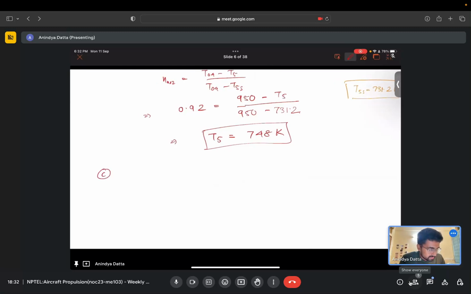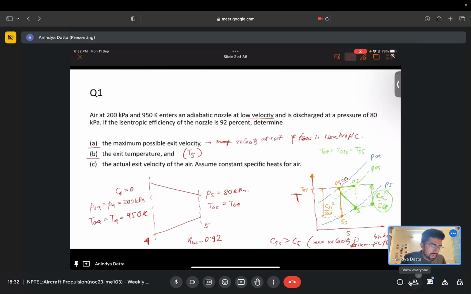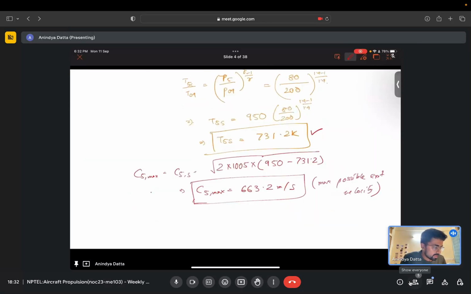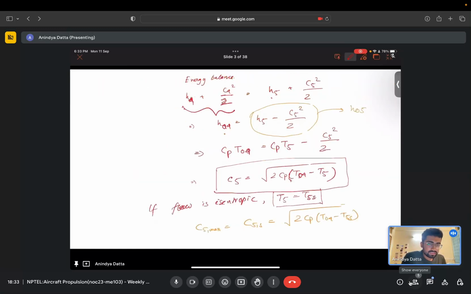So next is part C. Part C is the actual exit velocity of air. The formula for velocity is the square root of 2 cp times the stagnation temperature minus the static temperature, right?